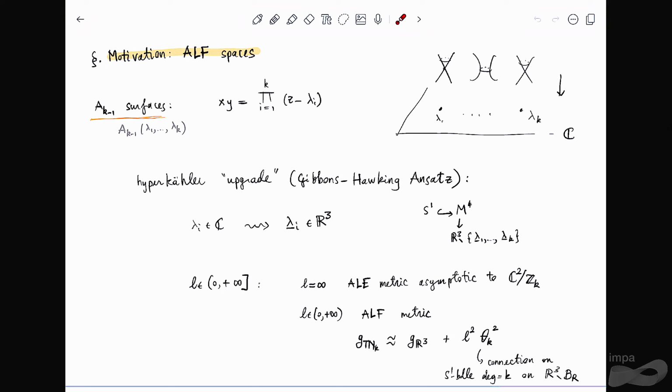The lambda_i are just k distinct points in C, and the projection onto the complex z-plane exhibits these complex surfaces as fibrations where the generic fibers are copies of C star, and over the points lambda_i we have nodal C stars, two copies of C that meet at a point transversely.